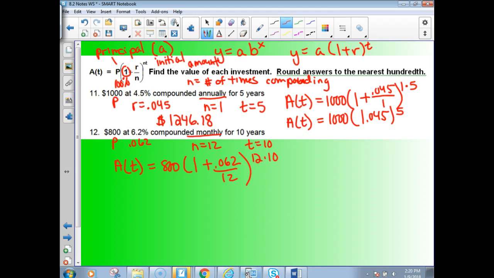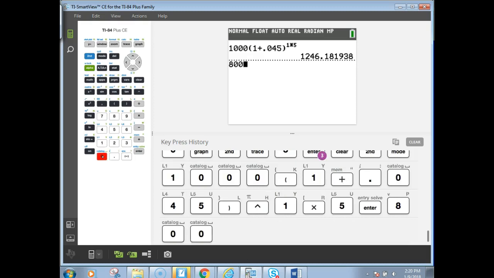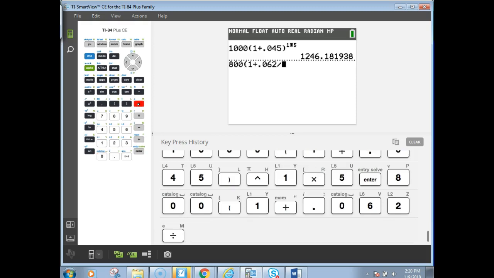All right, that one, you cannot add the 1 plus the 0.062 divided by 12 unless you type that on a calculator. So we're just going to go 800, parenthesis, 1 plus 0.062 divided by 12.